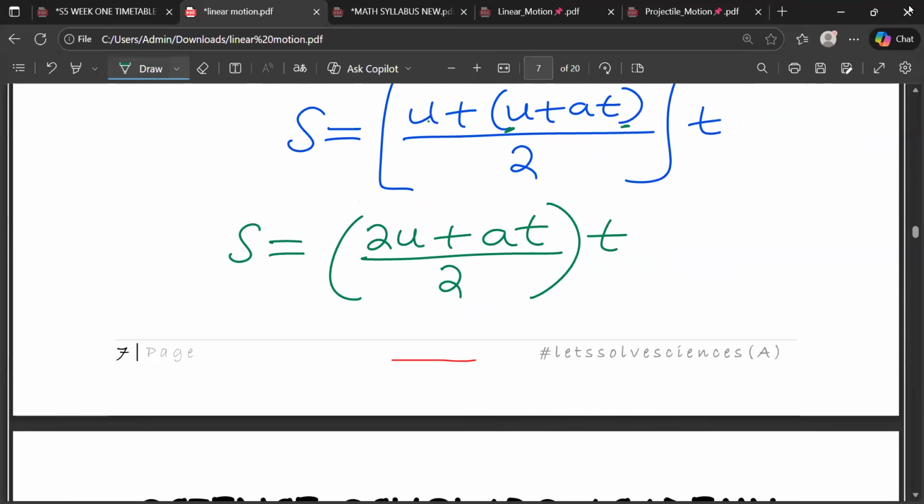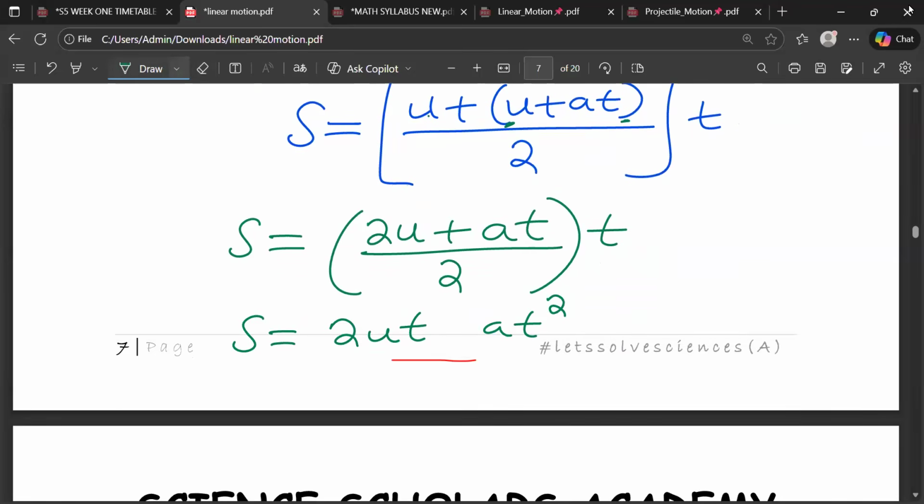What am I going to get? I'm going to get 2ut plus at t squared because the t's are now 2. Let me write my plus very well. Plus then this one over 2. Not so? Then I'll split.